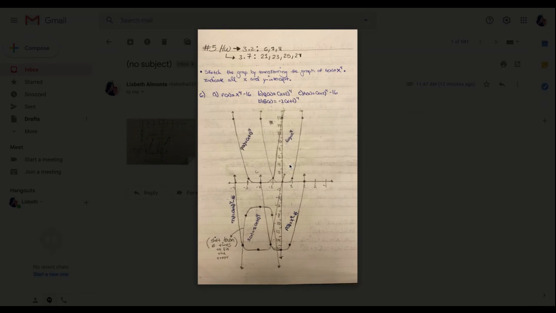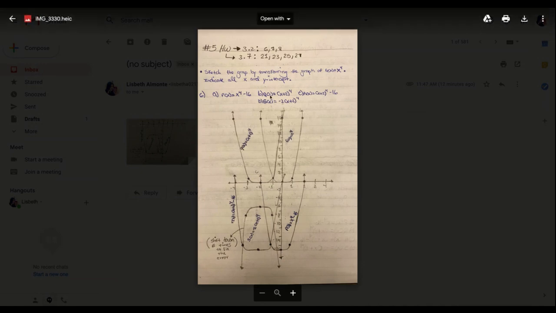The first one I did was x to the 4th power minus 16. The x-intercepts are 2, 0 and -2, 0, and the y-intercept is 0, -16.